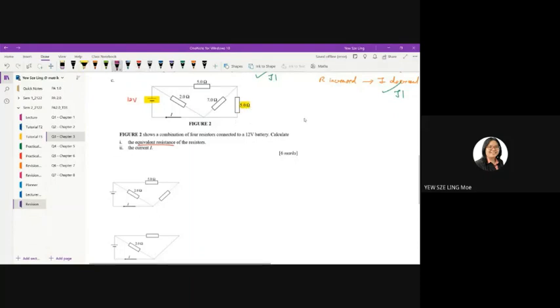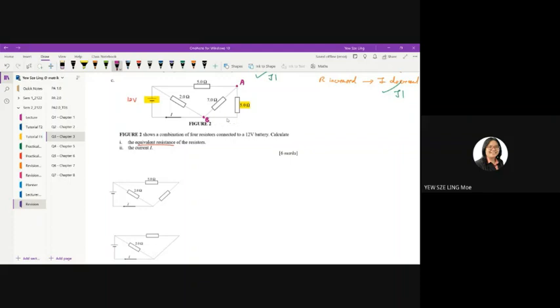Now that you have this 5 ohm resistor, what you should do is try to identify the junctions next to this 5 ohm resistor. The junctions next to it are here and here. I'm going to call them junction A and junction B. So from A to B, what am I going to do?